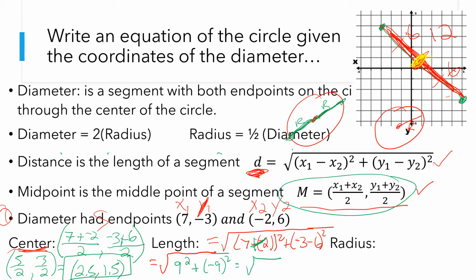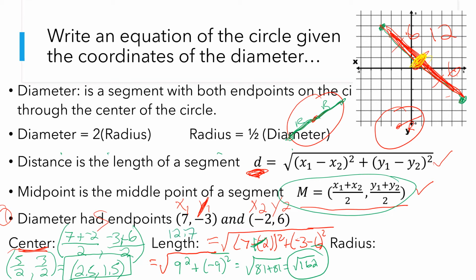81 plus 81. It's going to be the square root of, I'm sorry, 162. And the square root of 162 is going to be 12 point something. Oops, sorry, I put squared in my calculator. Square root of 162 is 12.7. So you could leave it like this or get the decimal.